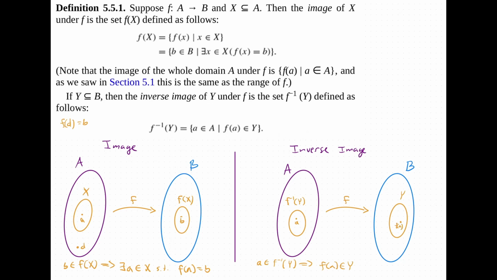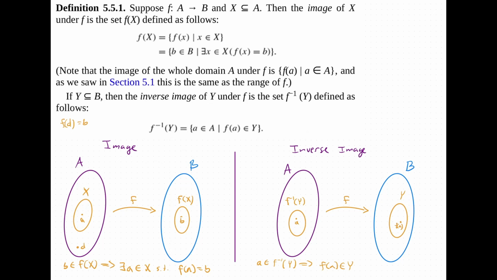And so we're looking at the set where all the elements in f inverse of Y map to f of a. So this is a visual aid for understanding image and inverse image.